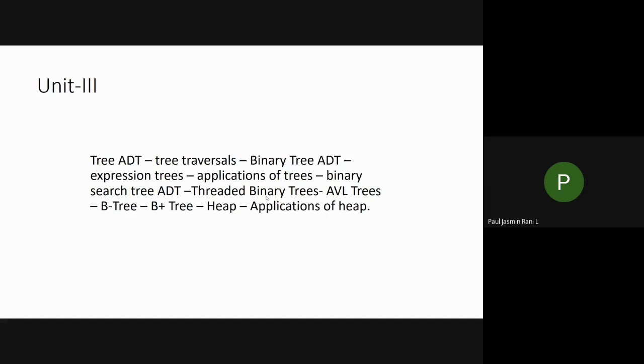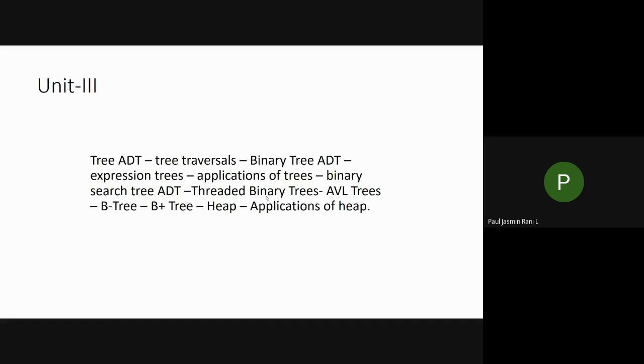What are the different types of trees available and where you will use these tree concepts, all this you will be studying in your third unit. Today you are going to see only the basic things: what do you mean by a tree, what are the applications of a tree, what are the terminologies used in the tree data structure, and the different types of tree data structure, basically how they are classified. All these concepts you are going to see in today's class.